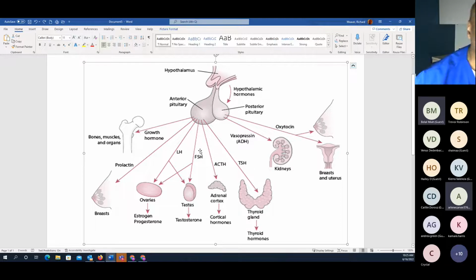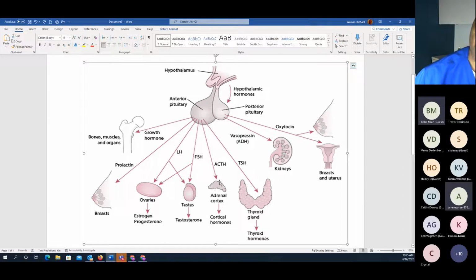And so if any of those levels are low, the anterior portion of the pituitary gland is going to secrete this stimulating hormone, which travels by way of the blood to the adrenal cortex.